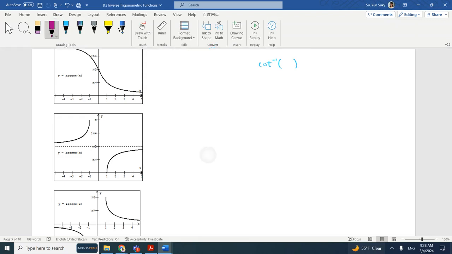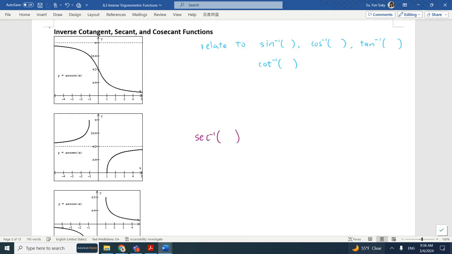If you see inverse secant, what is this? If I let this be y, this also means that x equals secant of y, because they're inverse functions. The y is the output of the inverse secant, so now it is the input.